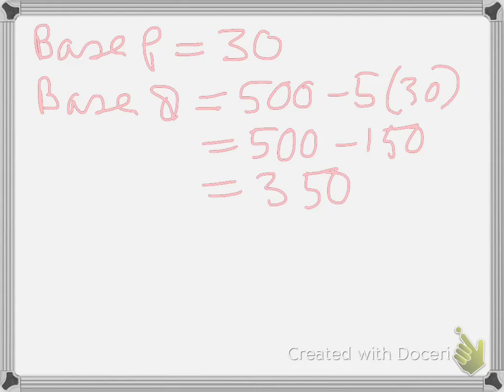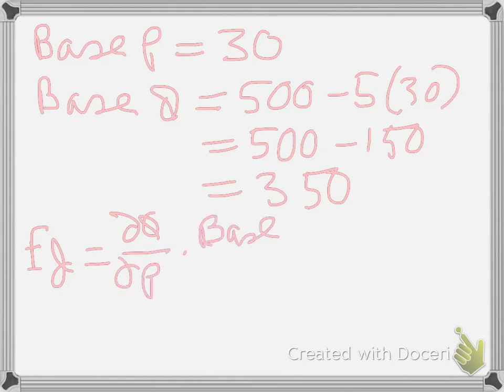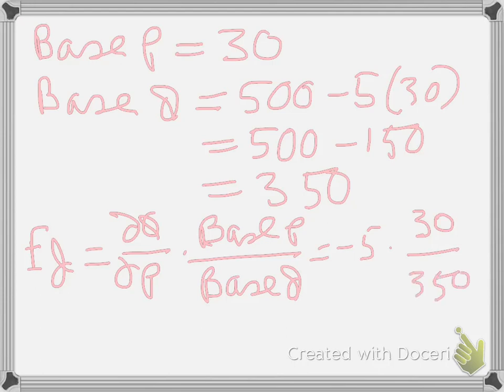So we actually have now all the information that we need to calculate point elasticity of demand. So our point elasticity of demand therefore can be written as delta Q divided by delta P times base P divided by base Q. So from the previous slide, we have found that my delta Q divided by delta P is minus 5. I'm going to now take the base price 30, divide that by the base quantity 350.